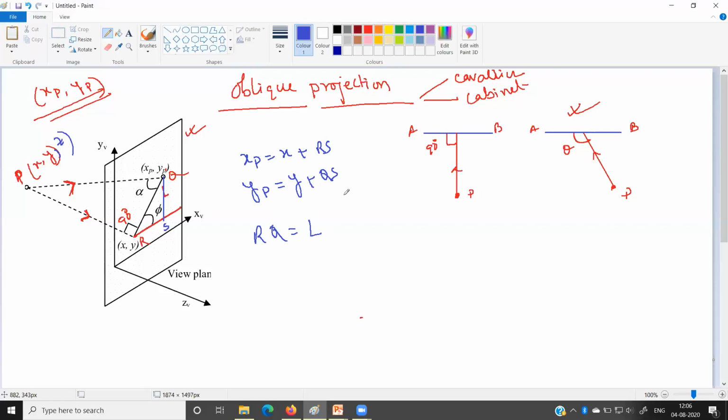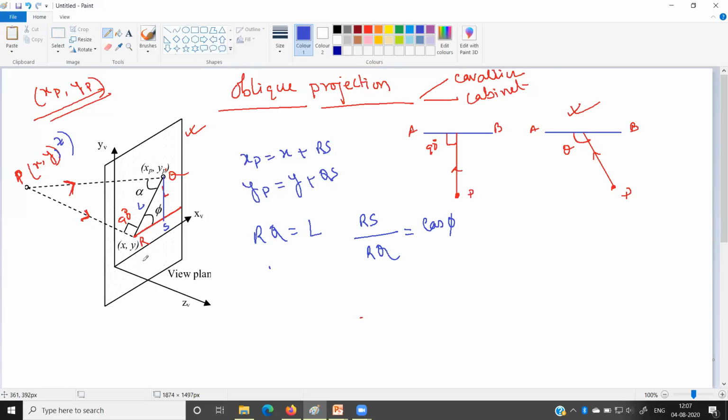Now, what will be my RS? If you consider this angle is phi, we can write it this way. The length of RQ is L. So we can write RS divided by RQ equals cos phi.